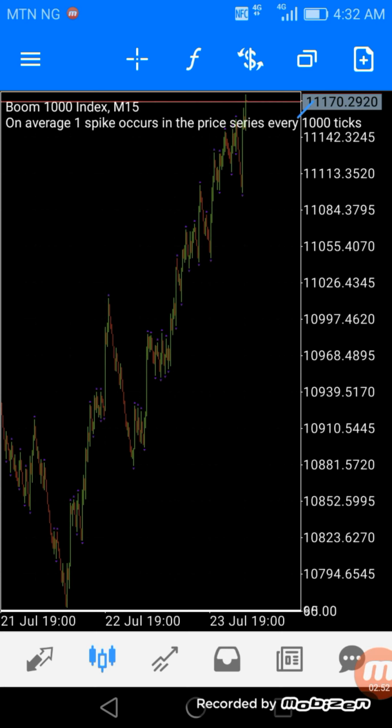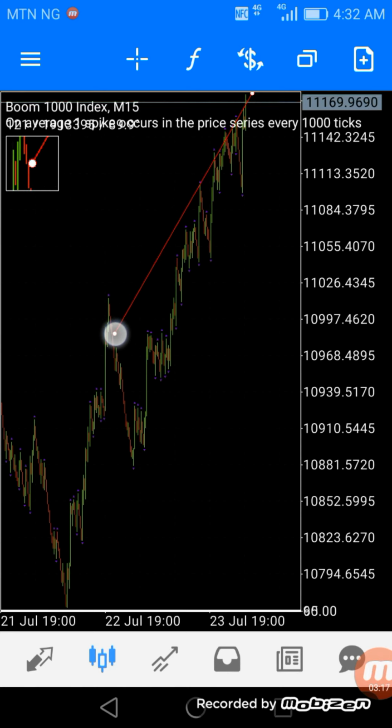Okay, yes, remember that to draw trend line, you are looking at how you can connect at least two obvious touches. Okay, two obvious touches at least. Now bring it down.